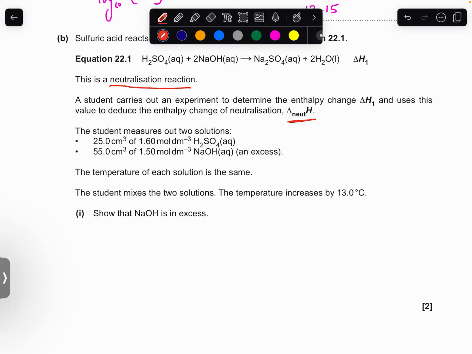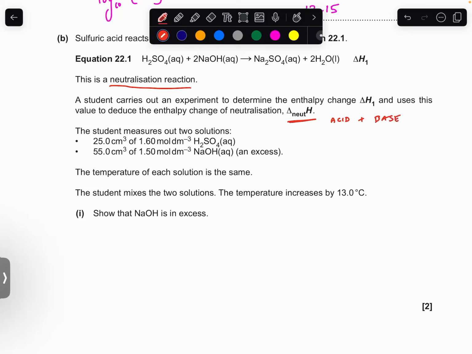If you look at the glossary of terms, either in your textbook or in the specs, the standard enthalpy change of neutralization, I've got the wording here. I'll read out the wording and give you the concise version of what the examiners are looking for. It's the enthalpy change that accompanies the reaction of an acid and a base.